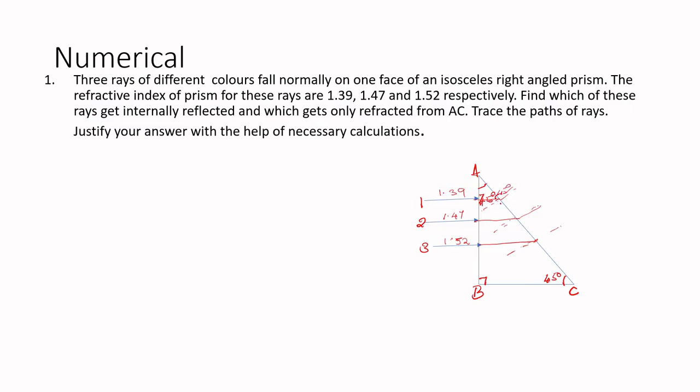This is perpendicular, and this is also perpendicular. In that, 45 degrees is gone here, so the angle of incidence will be again 45 degrees. Similarly, here the same rule prevails, so the same angle of incidence, 45 degrees. Here also it will be 45 degrees.